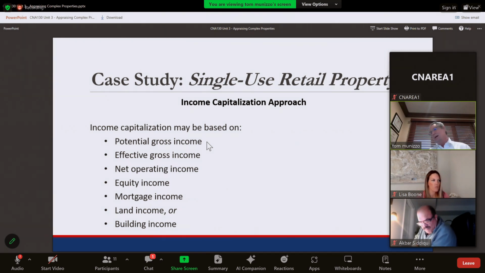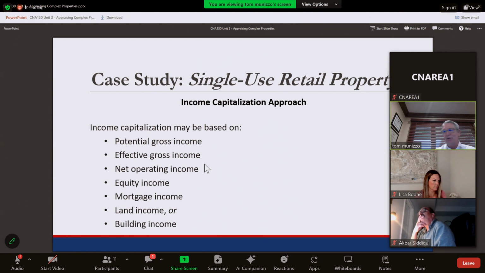Could be your garage income, your laundry income, your rental income. Effective gross income is less vacancy and collection loss. Always remember that. Once you take away vacancy and collection loss to arrive at effective gross income, now you have to take away your fixed and your variable expenses to arrive at your net operating income.